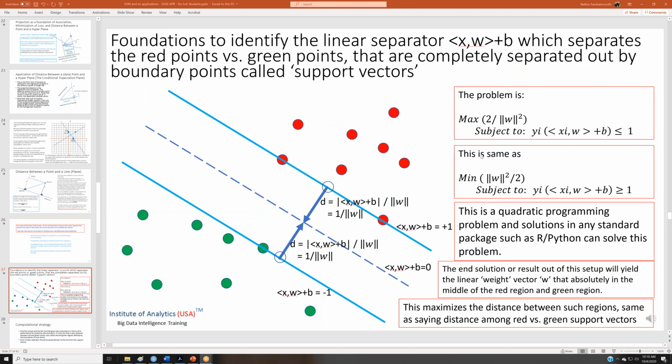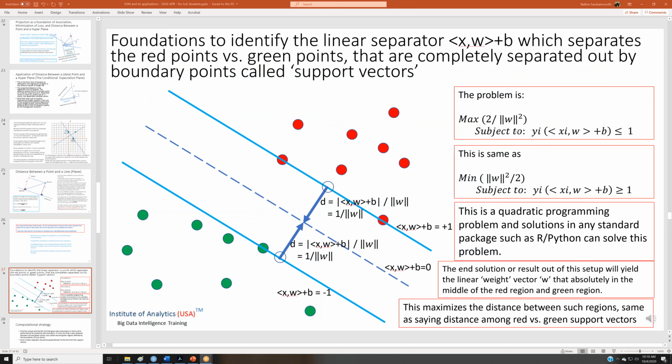If somebody asks you, I don't think they will, but you now know it. What are we maximizing in SVM? This is what you're maximizing. In linear regression, you are minimizing the error sum of squares. Here you are maximizing this distance.